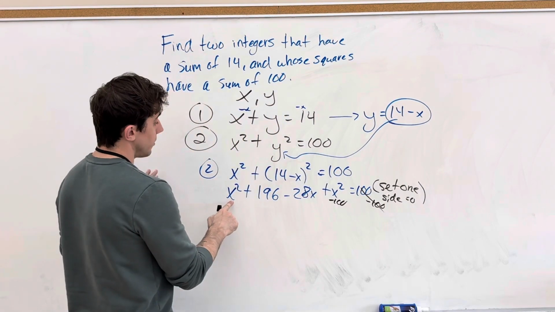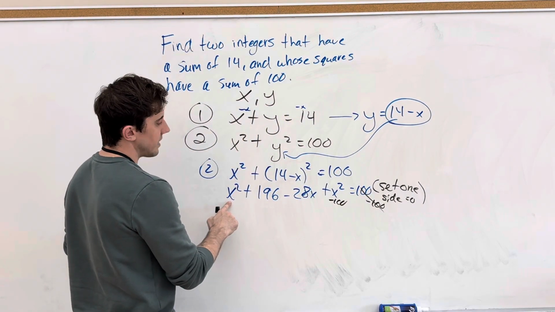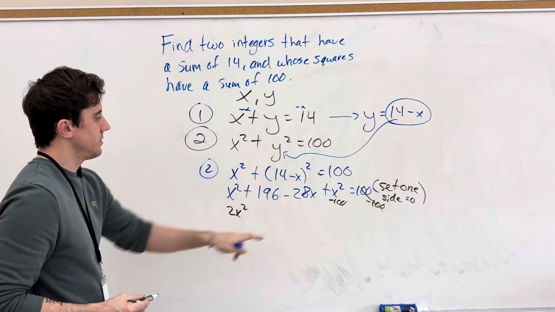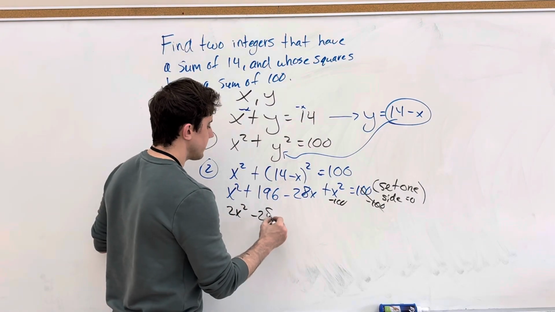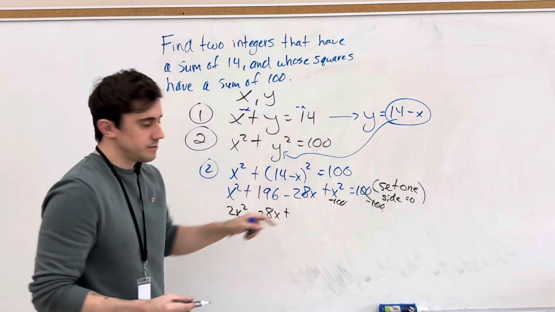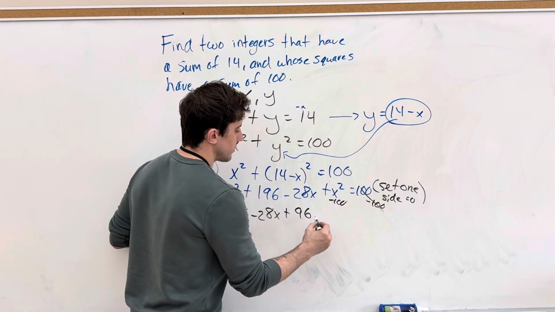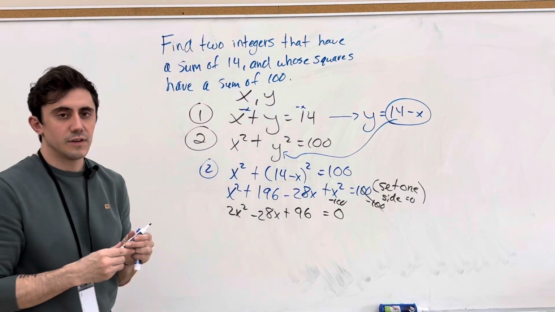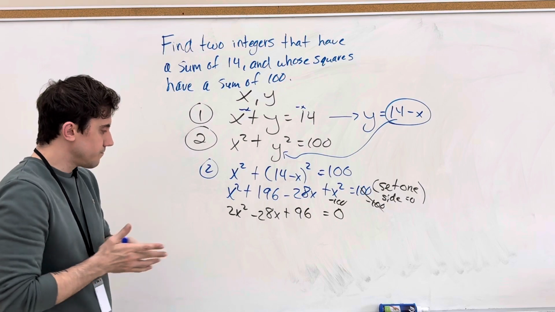And that way we can combine our like terms, first of all. x squared plus x squared provides us with 2x squared, then minus 28x, plus 196 minus 100 leaves us with plus 96, and now that's equal to 0. So we have a nice quadratic equation equal to 0.